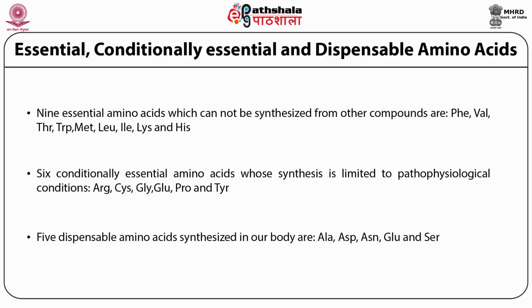Five amino acids: alanine, asparagine, aspartic acid, glutamic acid, and serine. These are dispensable, which means these are synthesized by our body and one need not take them as supplement.